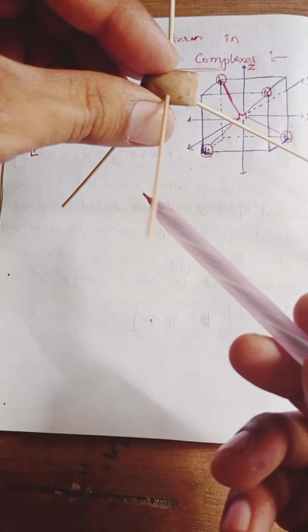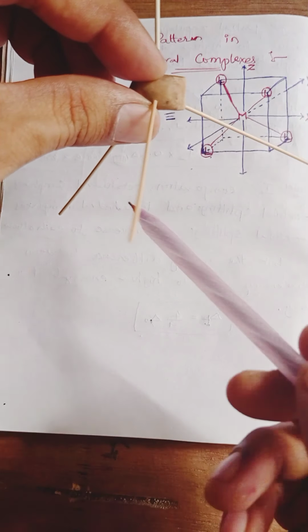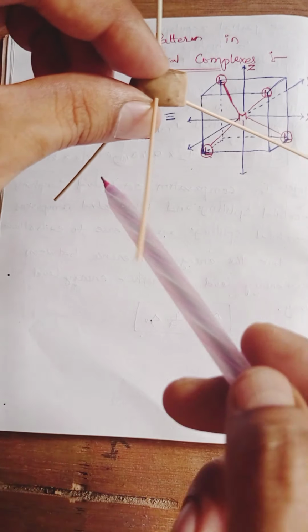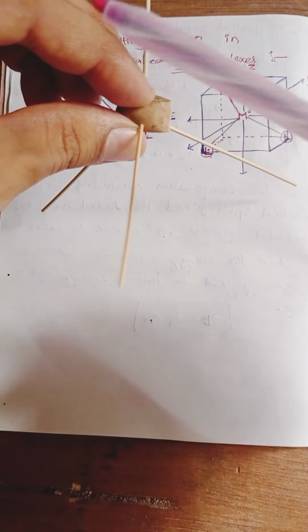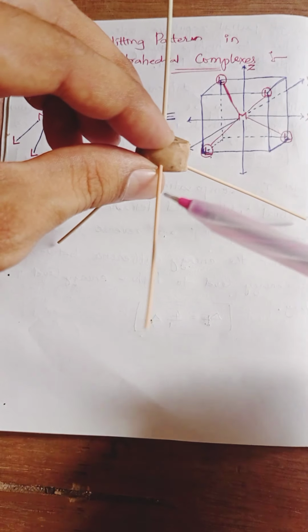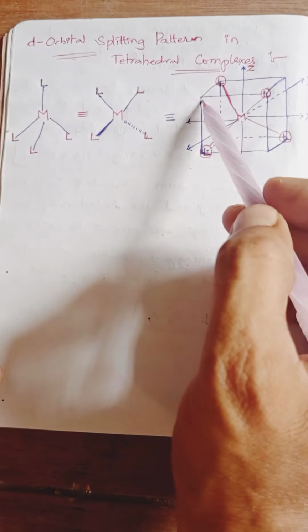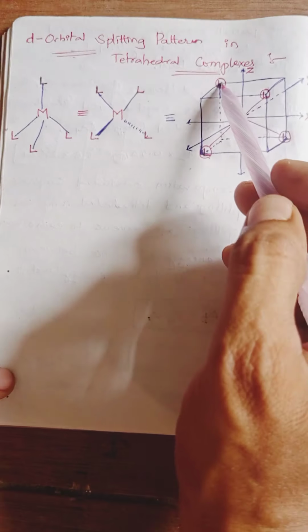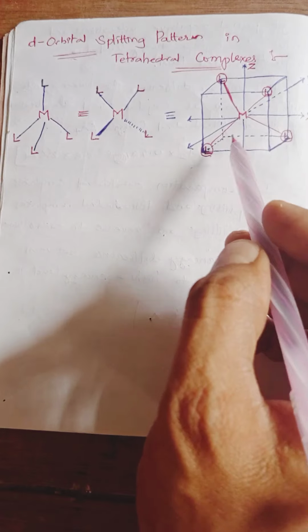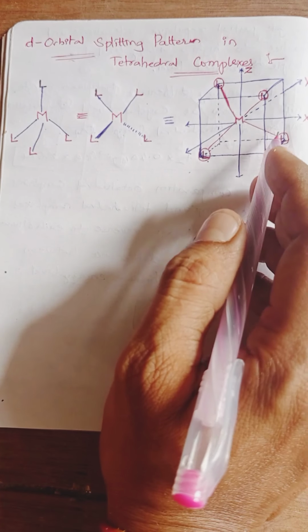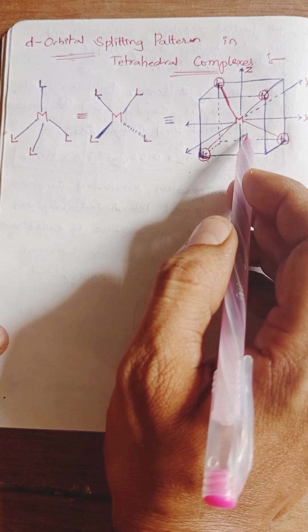Upward one V shape, downward another V shape. The upward V shape and downward V shape are opposite in direction. Downward is left and right, upward is front and back, right? That is what we are getting. So that is how the tetrahedral structure in a cube will be.